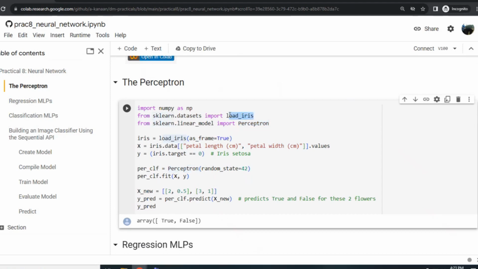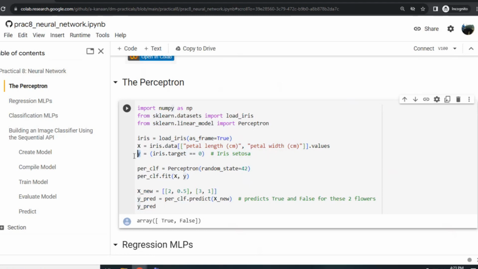We load our iris dataset, the famous dataset, and we are interested in only 2 variables: petal length and petal width. The other 2 we don't need. So we are looking at 2 input variables, and we want to build a perceptron that is able to recognize setosa only. That's why we check if the target equals 0, which means it is setosa.